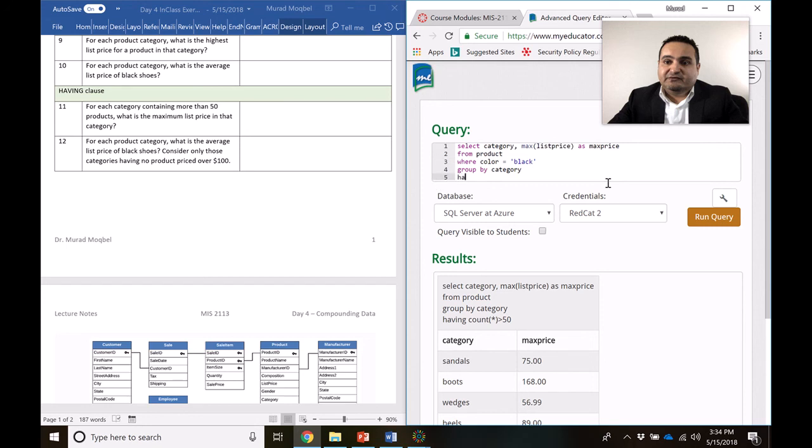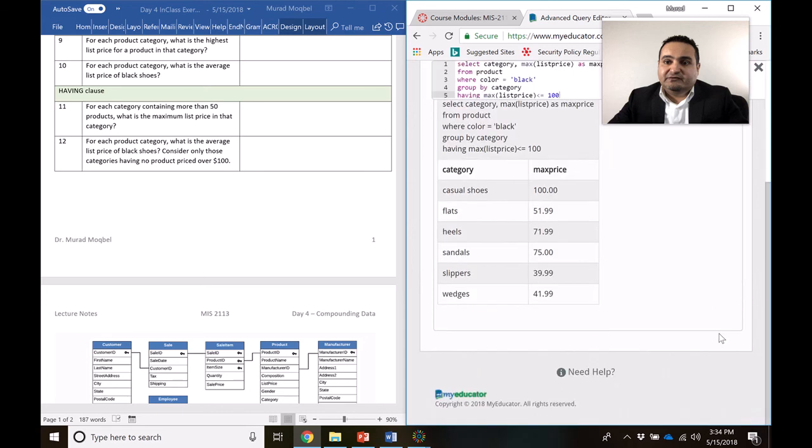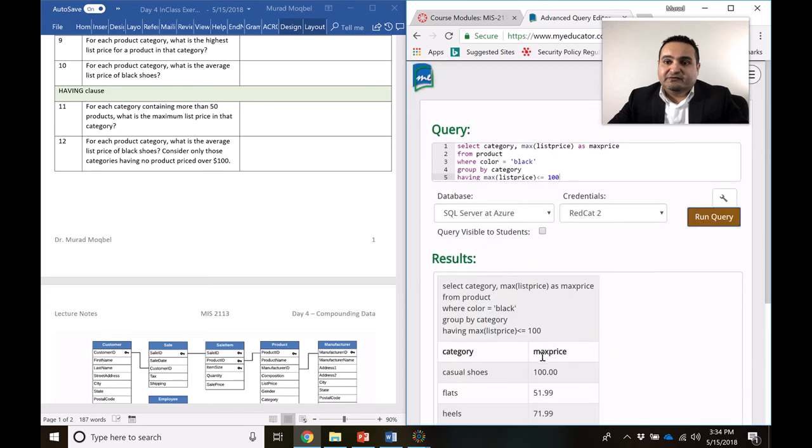So now I'll say having categories having no product priced over 100. So having max list price less or equal to 100. So not priced over 100. So now I will run this and I will get the answer.